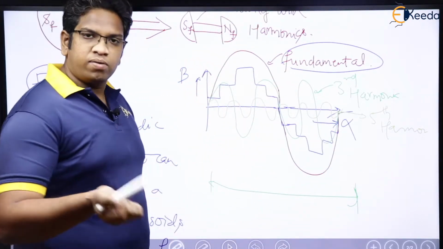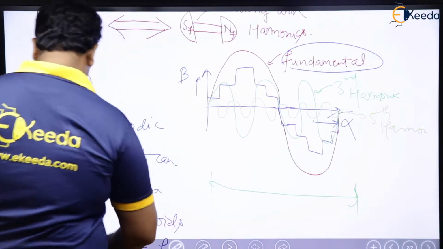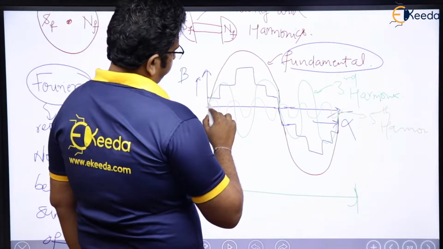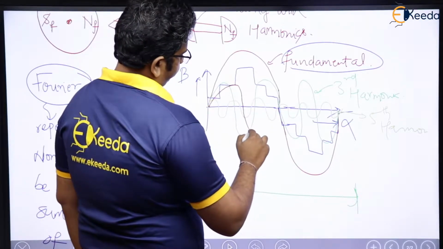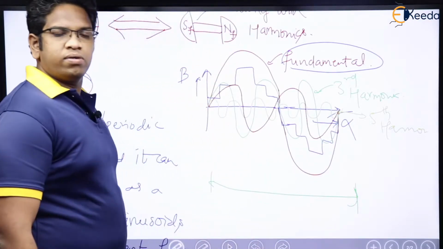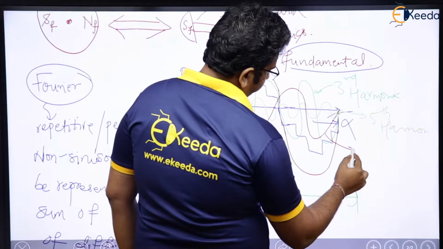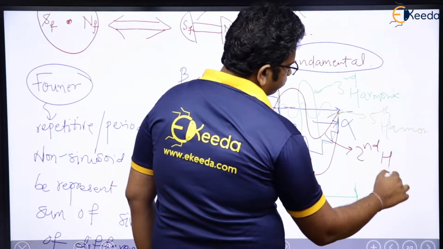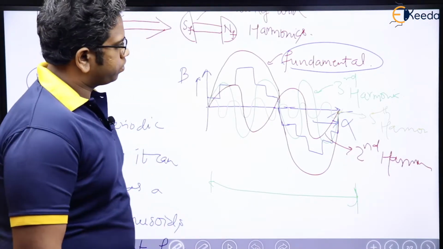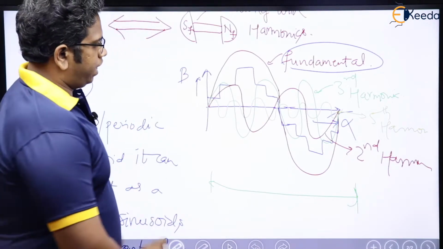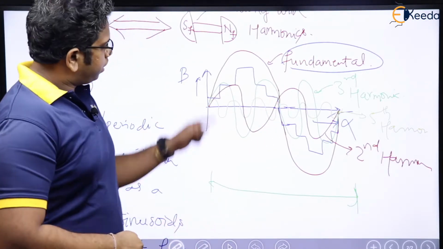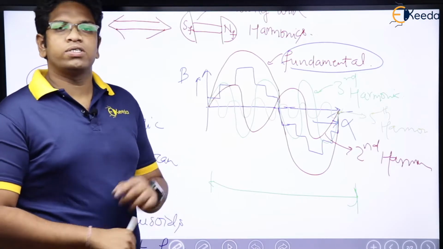Or I can have some even harmonics also, this is going to be even harmonic, this one, or we can say second harmonic in this case. Number 2 is even, right? Now see here, if I add red, green, yellow, red, what do I get? I'll get the blue, which is non-sinusoid.